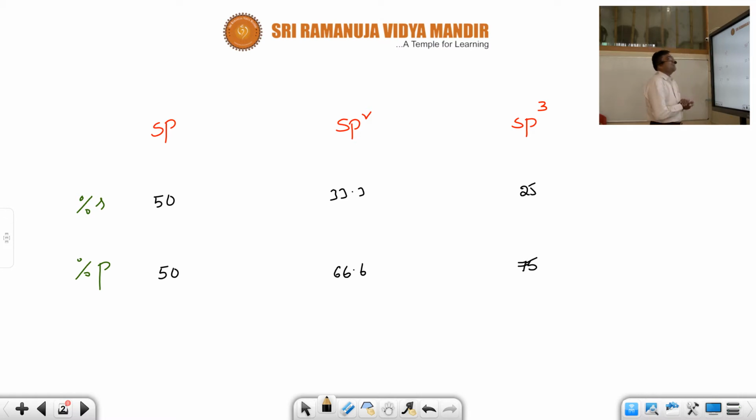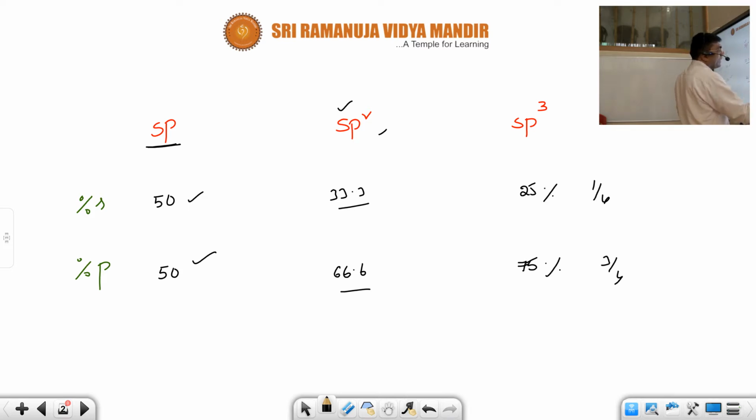So this is very important. In SP hybridization, 1 S orbital and 1 P orbital, so 50-50, and in the other, 1 S orbital and 2 P orbitals, so 33.3 and 66. Here 1/4 is S character, 1/4 means 25% S character, and 3/4 is the P character.